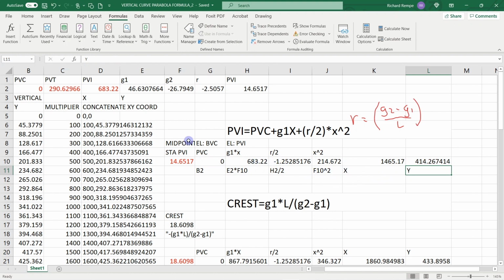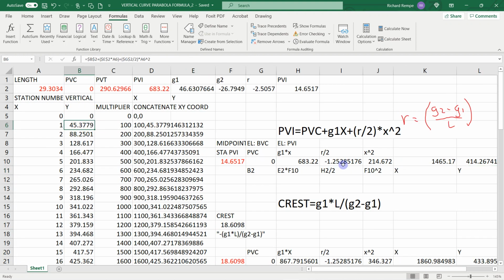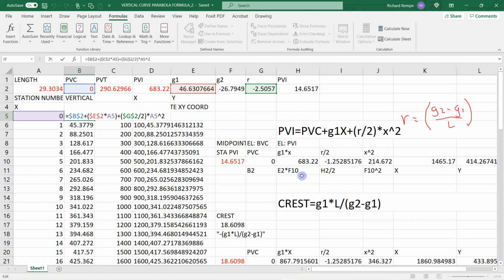And let's see, so now we're going to go over here, and it's going to be basically the same thing repeated. That just gives me an idea how to get the numbers together, so that when I put them over here, I can see the numbers and follow the same thing that happened over here. So I would go B2, the PVC, right? B2 right here, and then plus, and 683, so G1 times X, so that's what I did there.